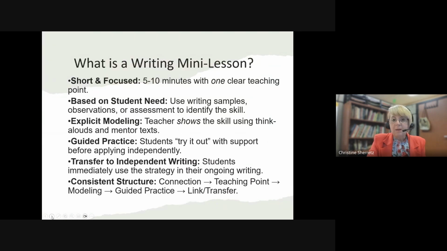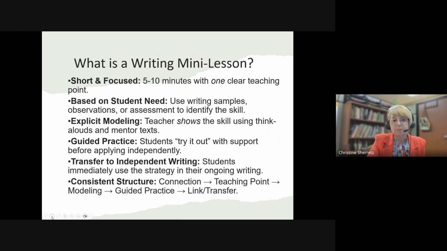So that writing mini lesson, again, it can be short, sometimes it may only be 10 minutes long with a clear teaching point. It should be based on student needs. Now, in this example that you're doing, it may not be based on student needs, but in the classroom, it needs to be based on their needs. You need to look at their writing, and it needs to be focused on what the students' writing shows that they need.